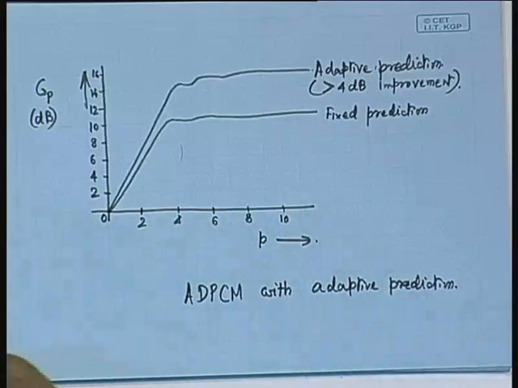Now, again, this is one aspect which has been very well researched. In the journals one can find a lot of good quality research papers pertaining to all these theories on the adaptive delta modulation and the adaptive DPCM and this adaptive predictions and all these things.